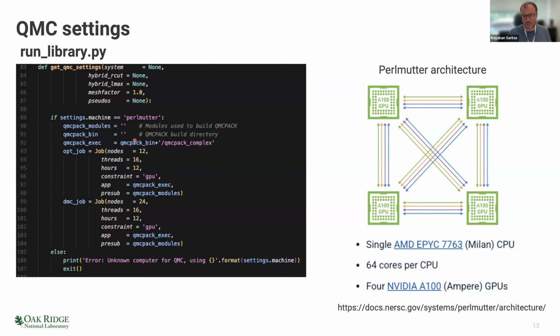So I can give some brief information in terms of the settings I have used for calculating on Perlmutter. You can modify the number of nodes that you want to use for this calculation depending on your system or needs. But the number of threads comes from the fact that the architecture in Perlmutter has 4 GPUs per node, and every node has 64 cores as a single CPU node.